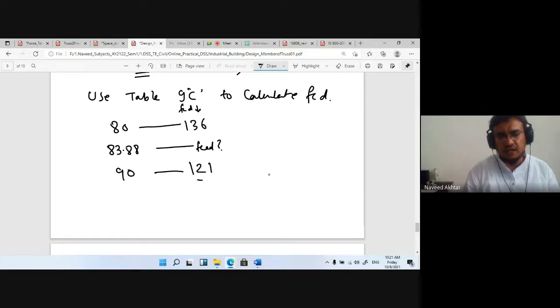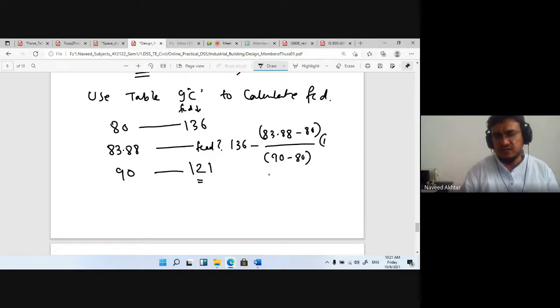If you are taking the lesser value, you have to do plus. So I will take 136 minus, okay, so 83.88 minus 80 divided by 90 minus 80 into the extreme value difference 136 minus 121.